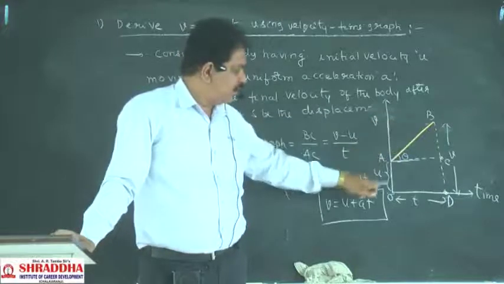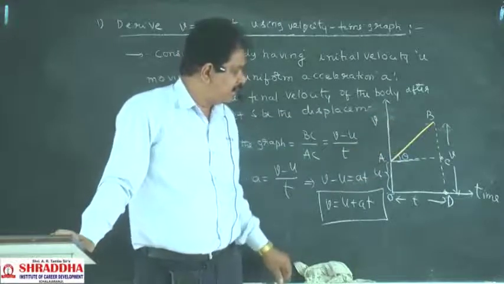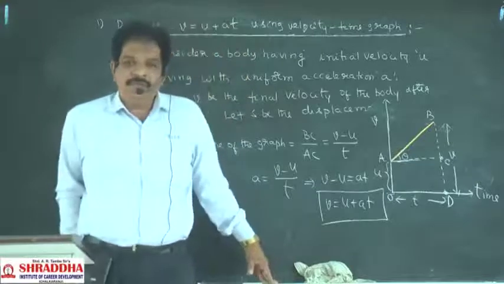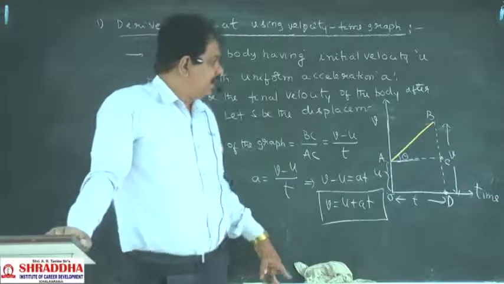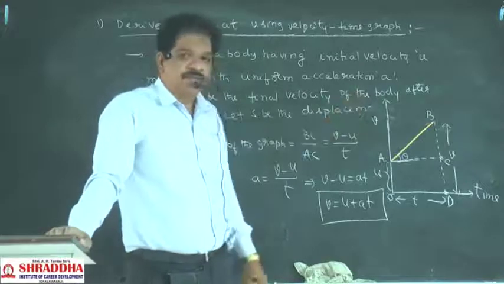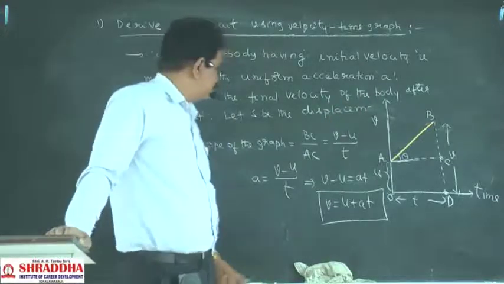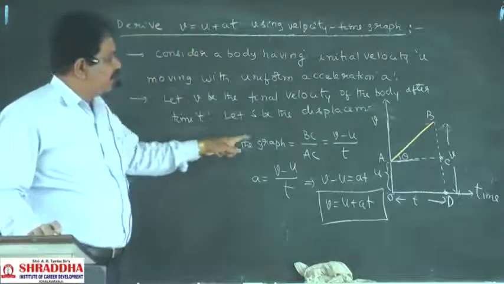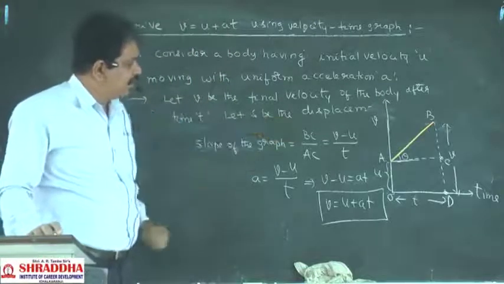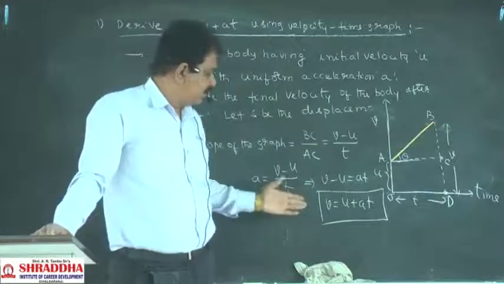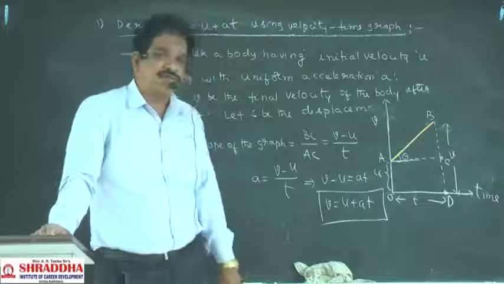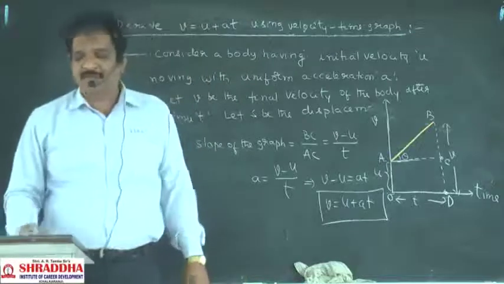OA represents initial velocity, BD represents final velocity, and BC is the change in velocity, V minus U. Slope of the graph means tan theta, BC by AC. This is change in velocity by time. We finally got V is equal to U plus AT.